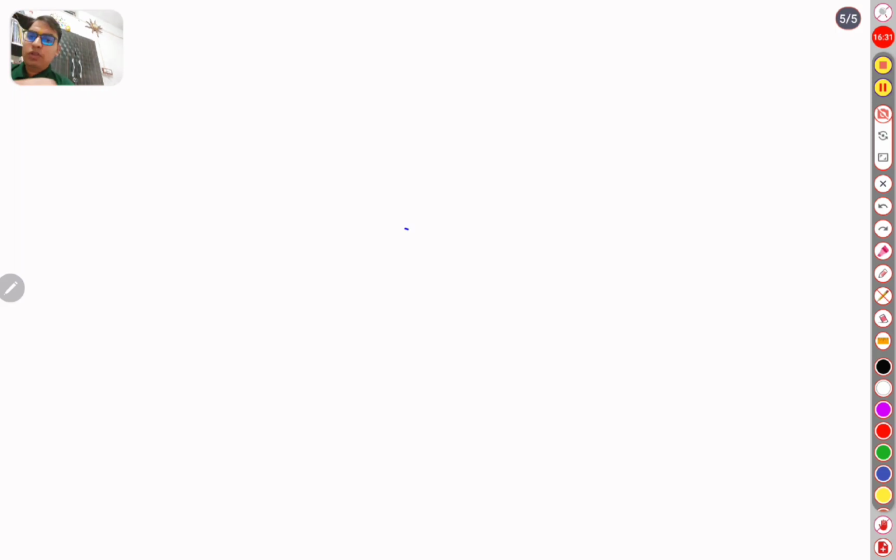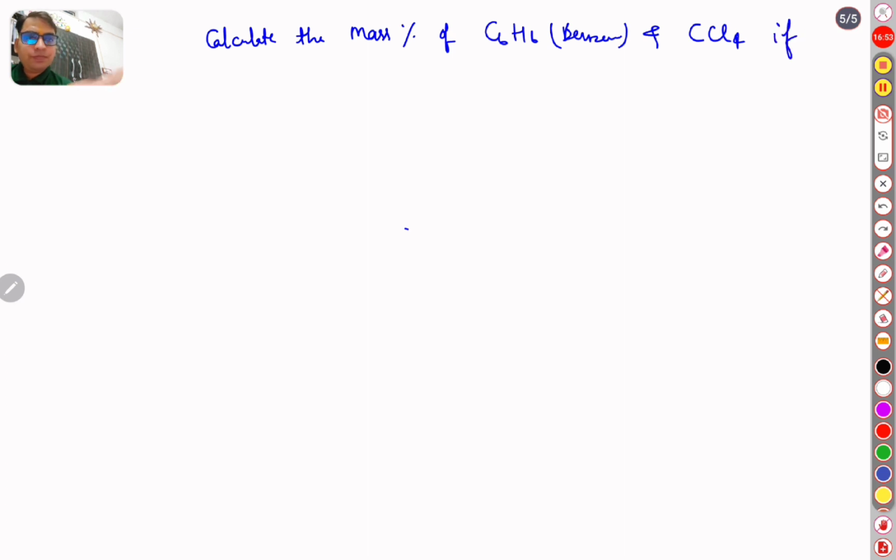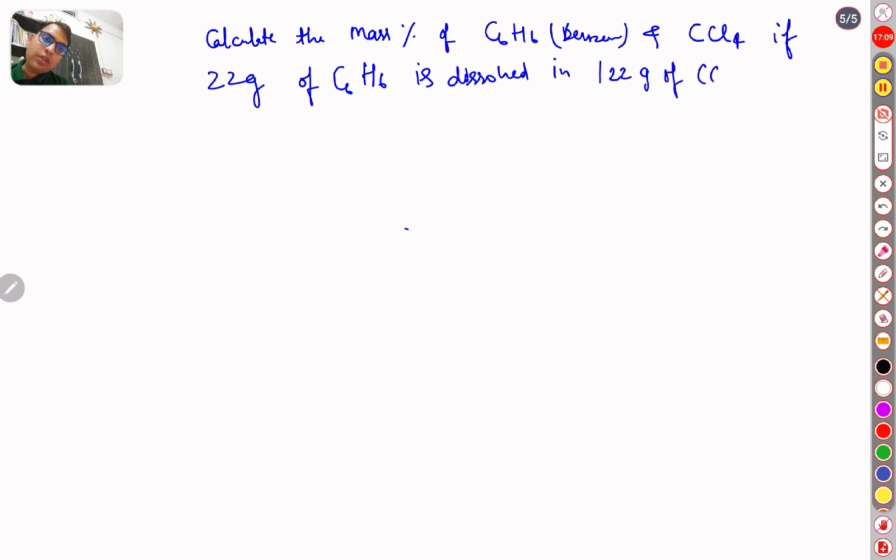The question is: calculate the mass percentage of C6H6 (benzene) and CCl4 (carbon tetrachloride) if 22 gram of C6H6 is dissolved in 122 gram of CCl4.